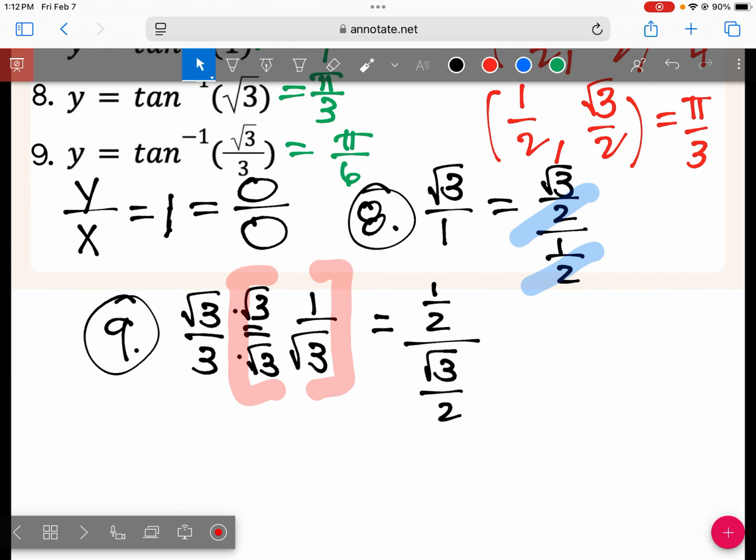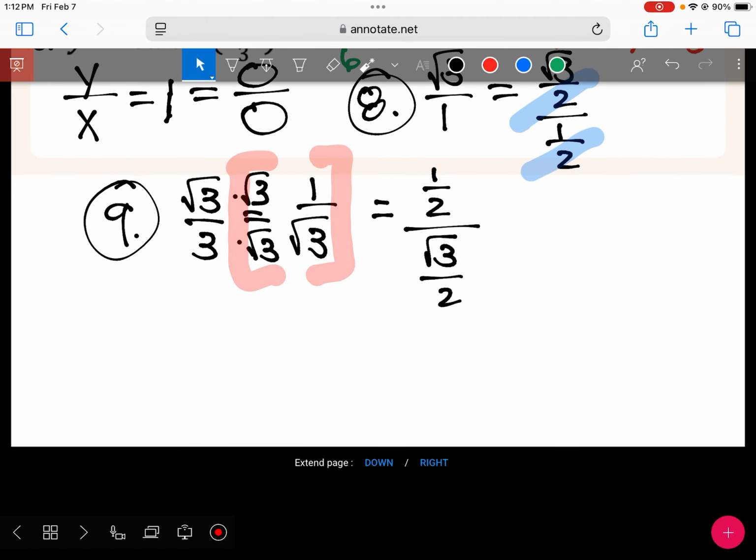Which is where I came up with, you take what you were given in the problem, and figure out how to get back to this over here. How to get it to a fraction that we know. Because tangent is y over x.